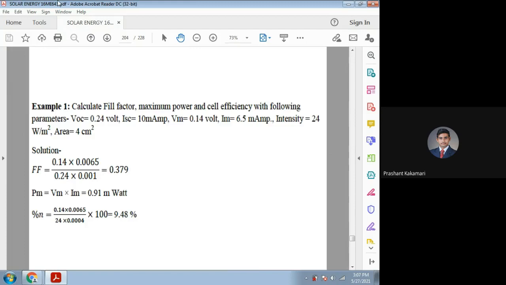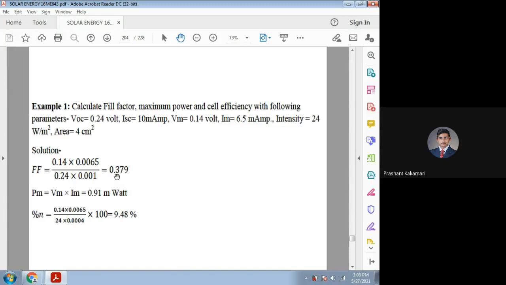If you assume this laptop or mobile screen has a PV cell, only 38% of the cells are converting into electrical form. That is the meaning of fill factor. So to improve this fill factor, we go for doping. As you go on doping with maximum impurities, the fill factor can be improved.